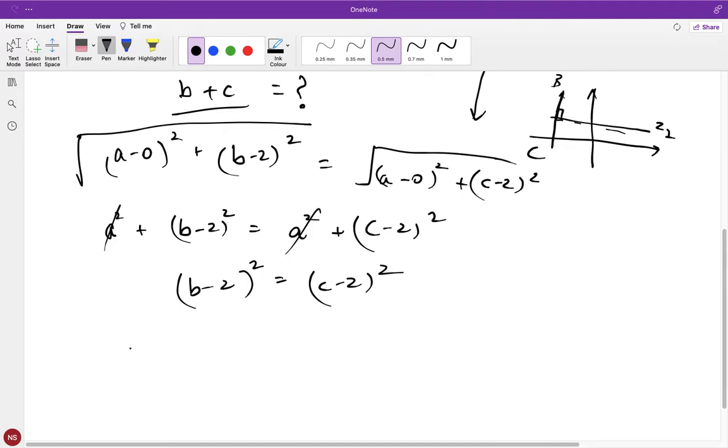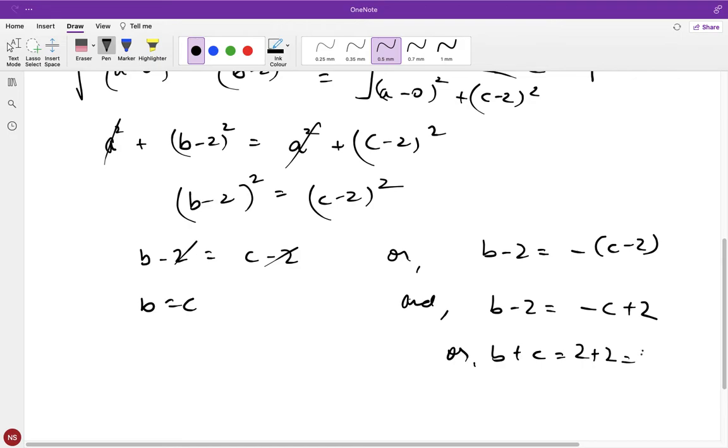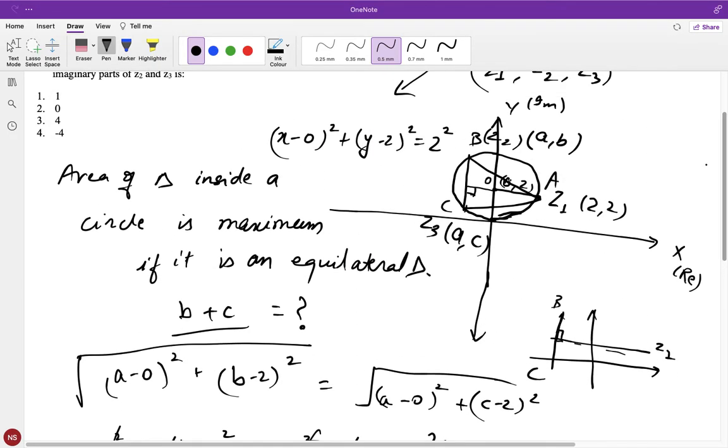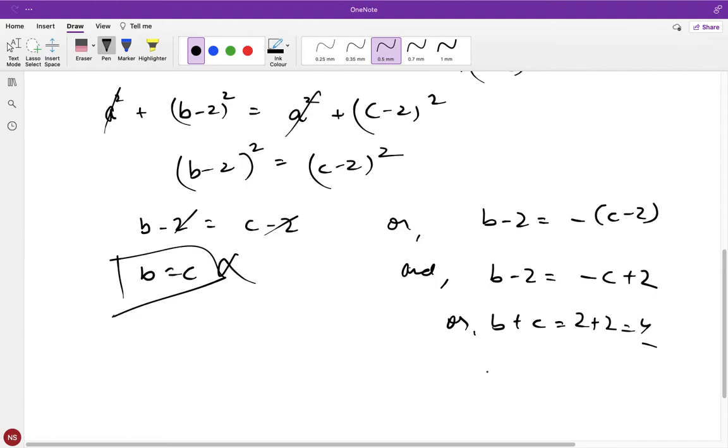If I remove the squares, either b - 2 = c - 2, in which case b = c, or b - 2 = -(c - 2), in which case b + c = 2 + 2 = 4. Now, b = c, is this possible? No. If b = c, then b and c are the same point, and we do not have a triangle, so we have to ignore this.